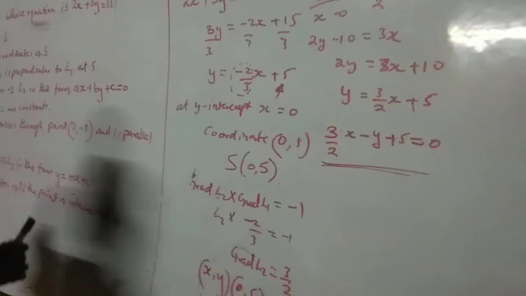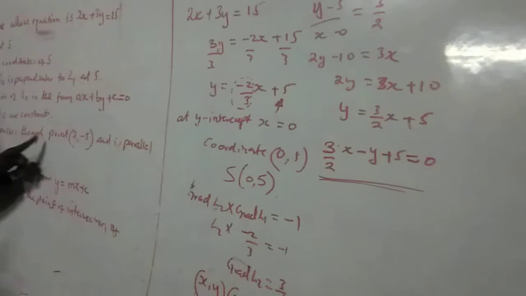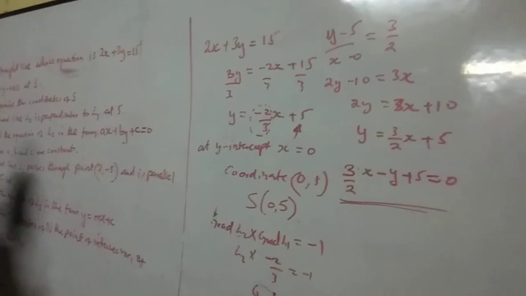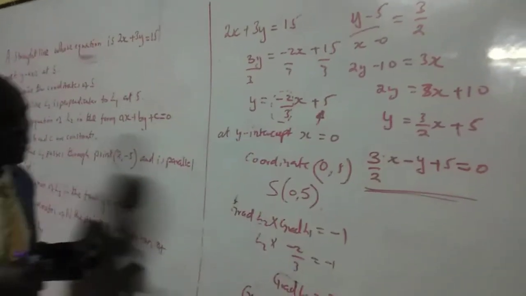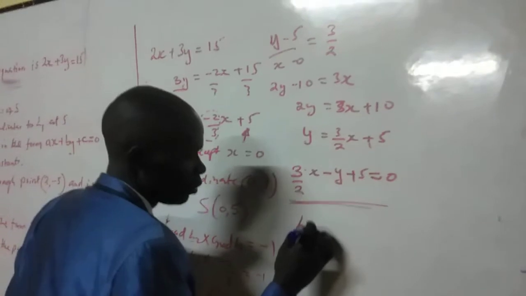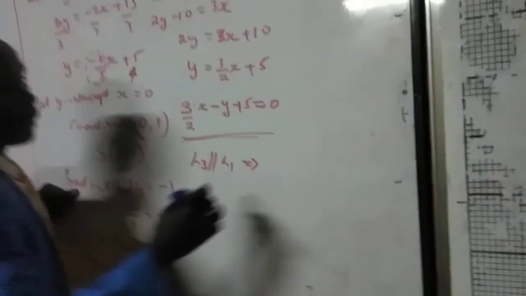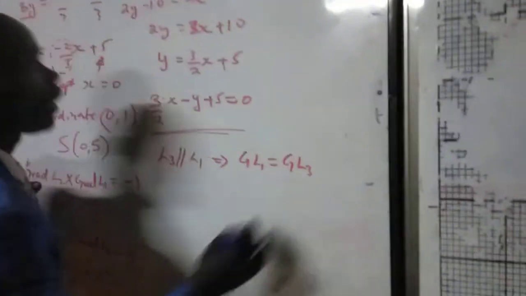And part C says that a third line L3 passes through point 2, negative 5, and is parallel to L1. Since L3 is parallel to L1, then gradient of L1 is equal to gradient of L3.